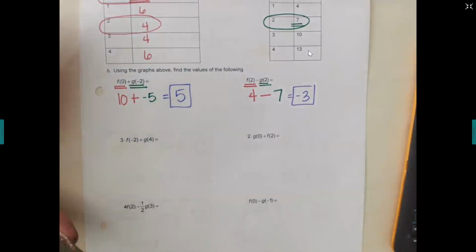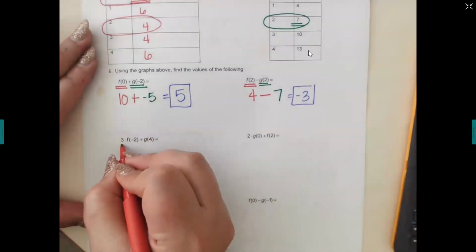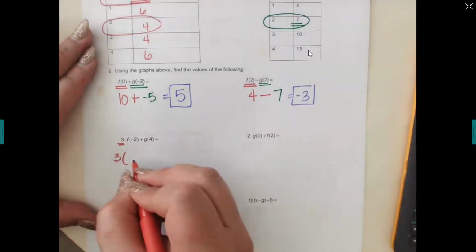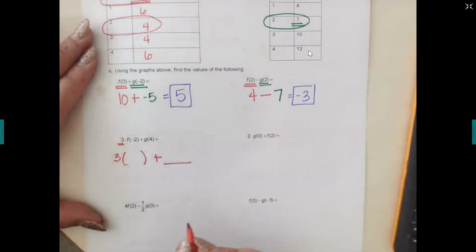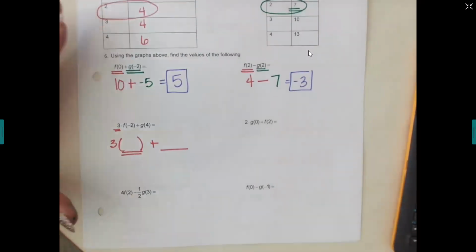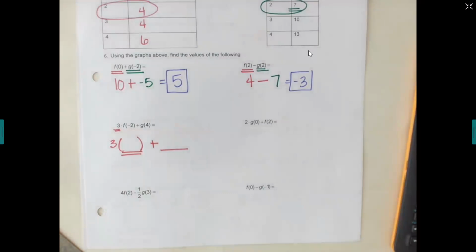Okay, next one. I have 3 f of -2 plus 4. Because the 3's in the front, you're going to have to do parentheses. So you're still going to find f of -2 using the chart, but because there's a 3 in the front of it, you're going to put the parentheses.